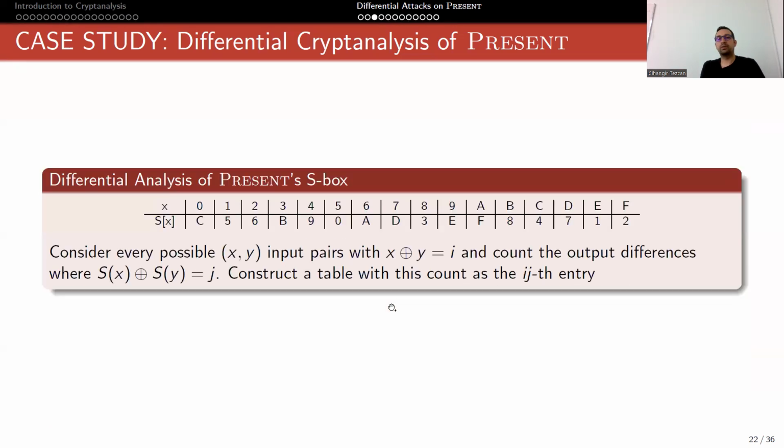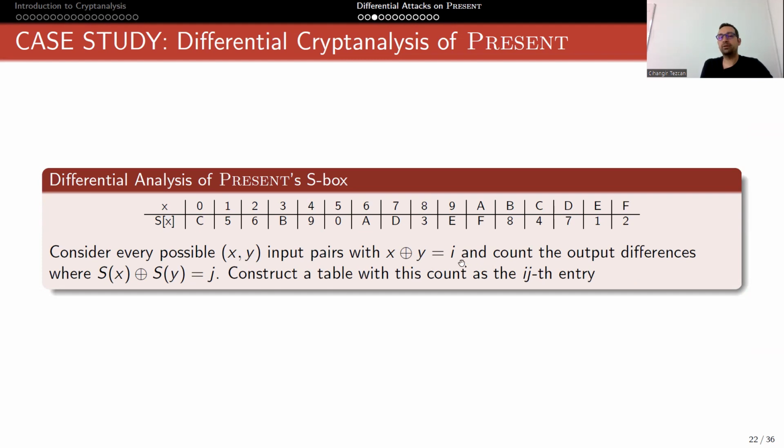So in order to do this, we have a way of calculating the probabilities, and this is called DDT, the difference distribution table. The idea is as follows. Consider every possible X, Y input pair of a single S box. Okay, so these are 4-bit values.